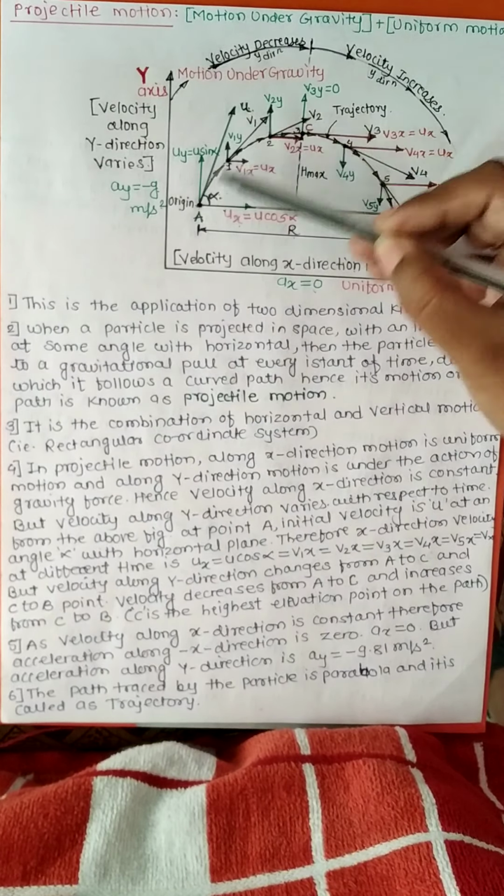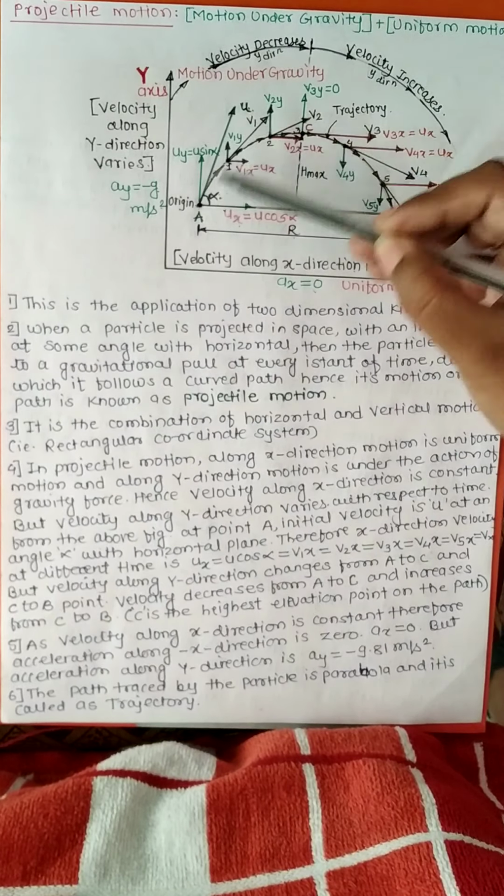Let us consider that there are two parts of this trajectory, from point A to C and point C to B. From A to C the projectile is defined with its velocity variation, and from C to B is also defined with velocity variation. But which velocity varies and which velocity remains constant, that we have to see.